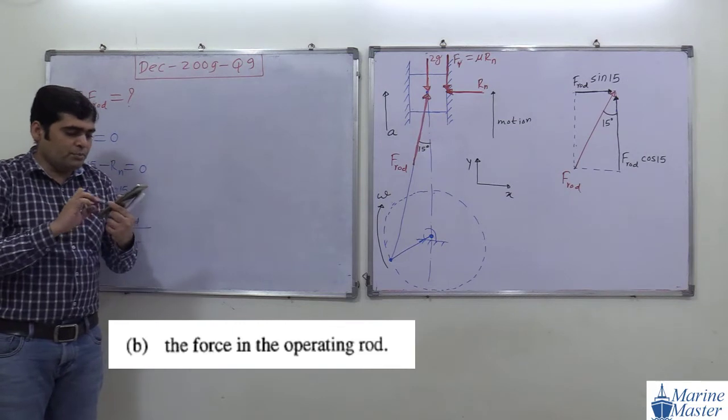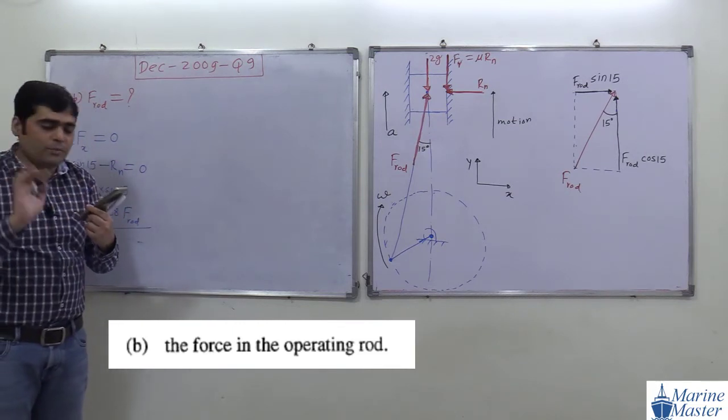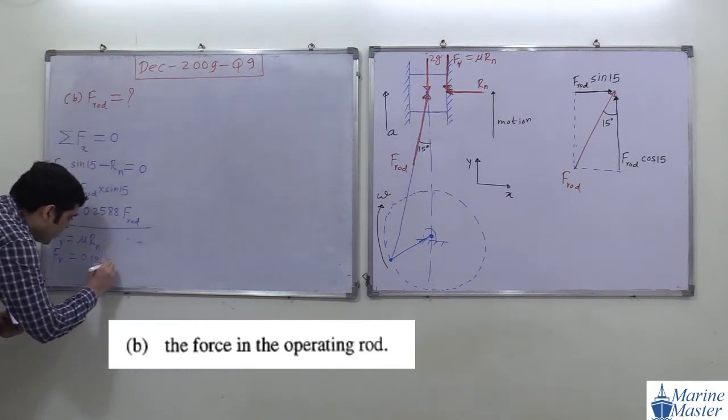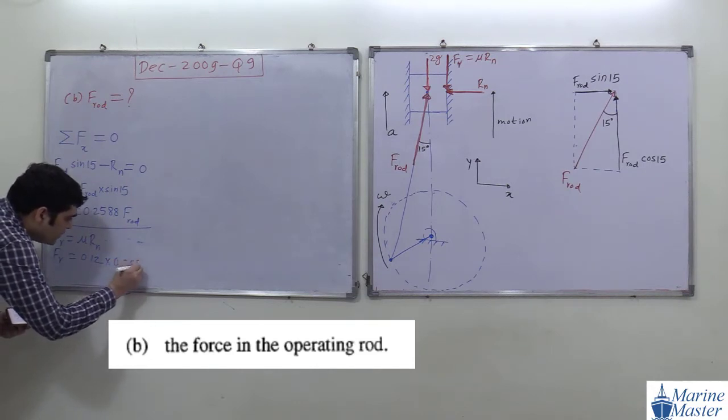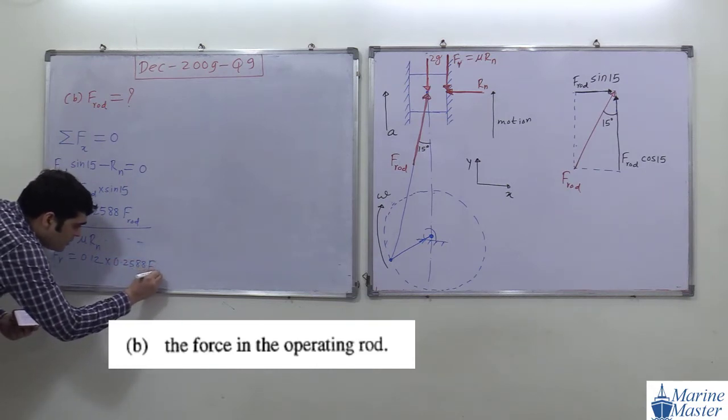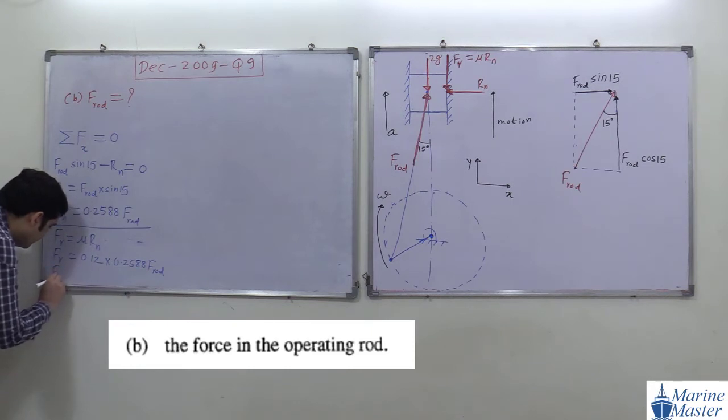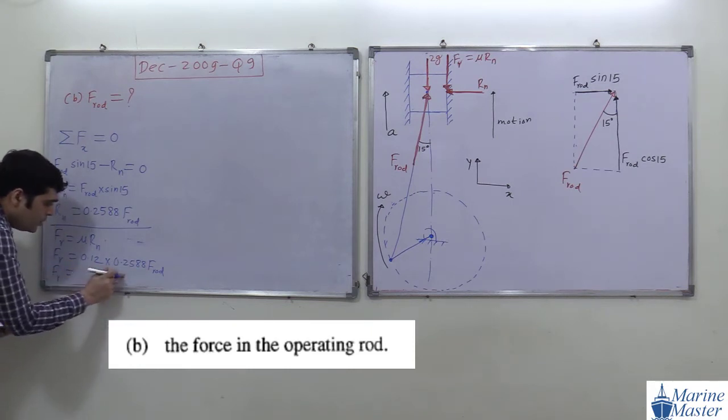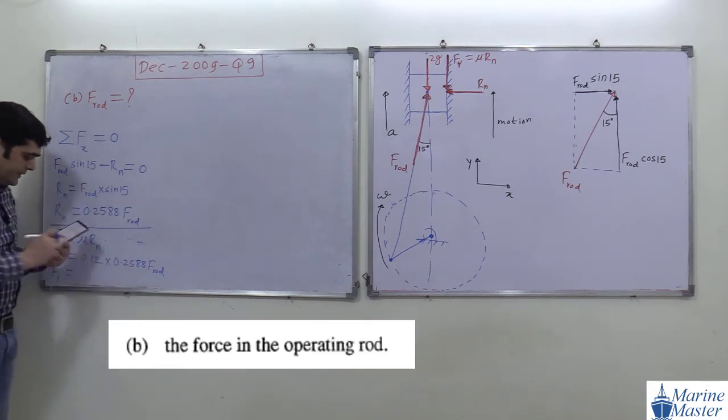Coefficient of friction 0.12 into Rn, which is 0.2588 F rod. So everyone please do this calculation and tell me 0.12 multiplied by 0.2588.